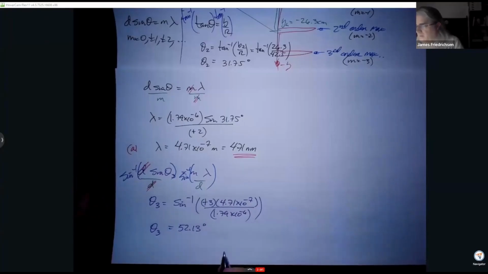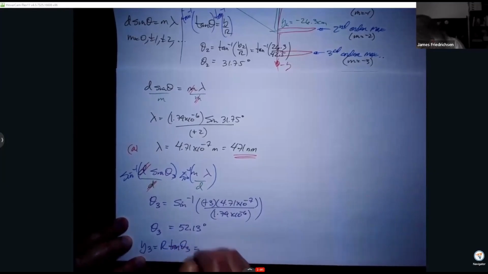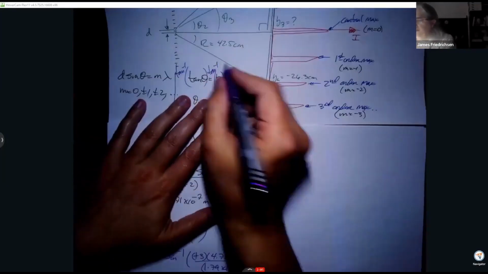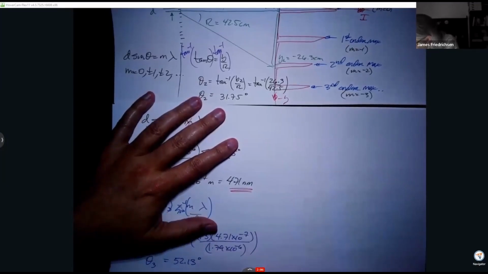And then we find our y value. So the R was 42.5 centimeters. I'll leave it that way. Tangent of the angle we just found, 52.13 degrees.